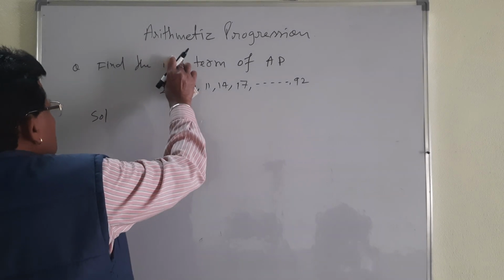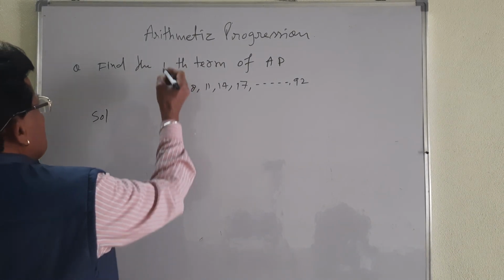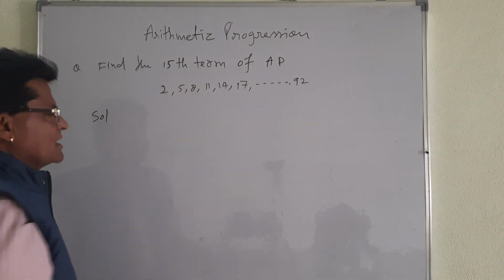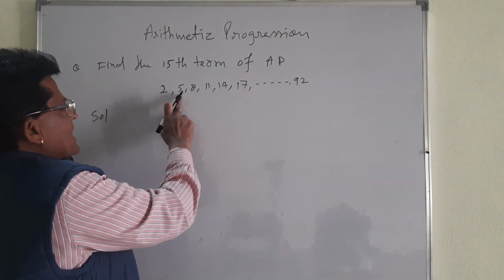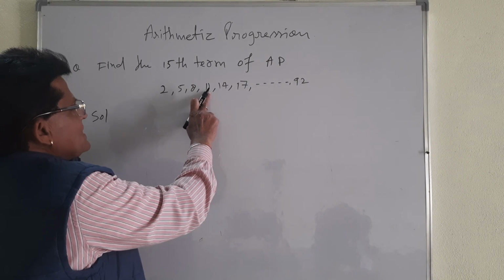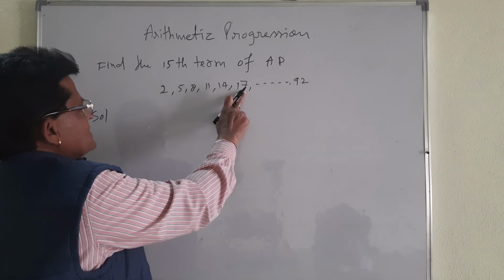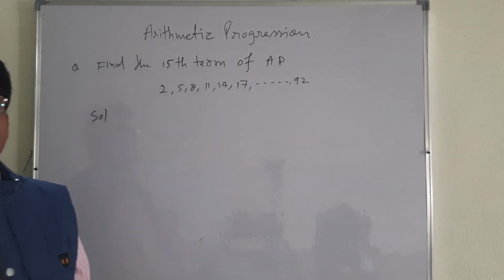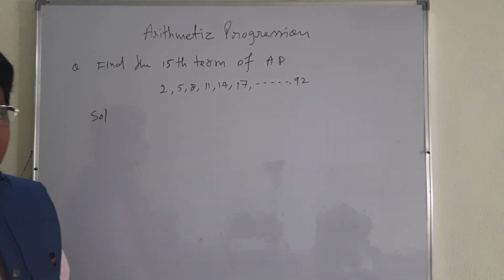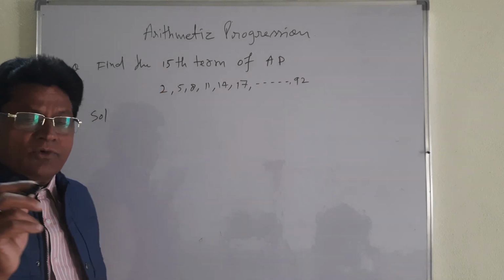That depends upon you what type of term you want to find out. Let me take the 15th term of it. At the first place there is 2, at the fourth place there is 11, at the sixth place there is 17, like that. At the 15th place, what will be the term? Let me find out. Simply you can find out.